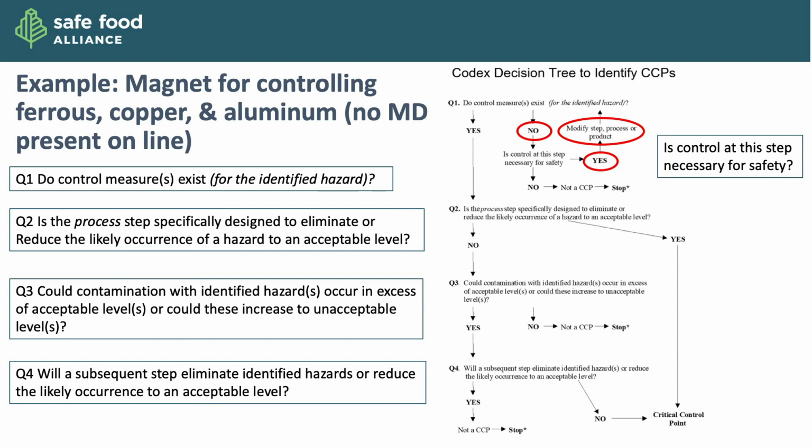So in this case, if we answer yes, then it's going to take us to a scenario where we have to modify the process step or modify how we process this product overall. So you can see here that if there's an absence of a control method for a significant hazard, it's going to lead us back to a scenario where we modify our thinking and may have to introduce additional control measures for those significant hazards.